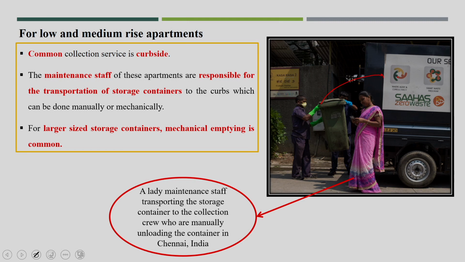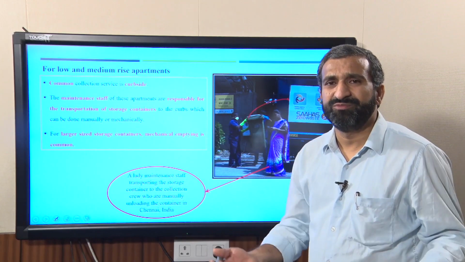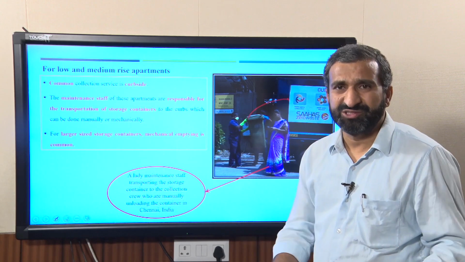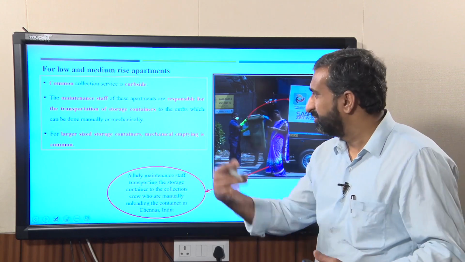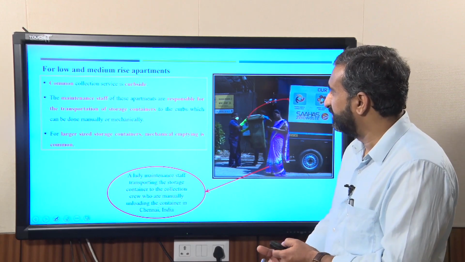Here large size storage containers, mechanically emptied, are very common in that case, because an apartment will have a number of households together. So that waste generation also will be large. So it is good to have larger size containers used in this kind of scheme.